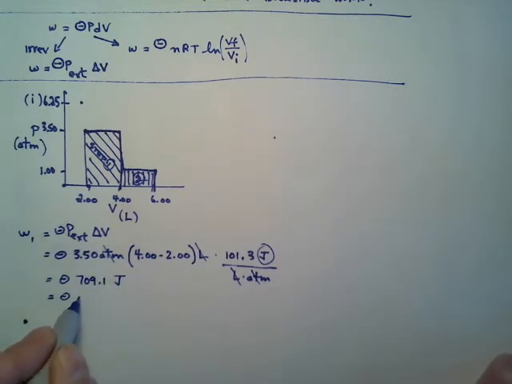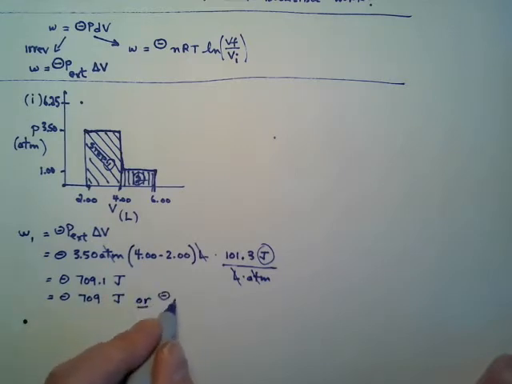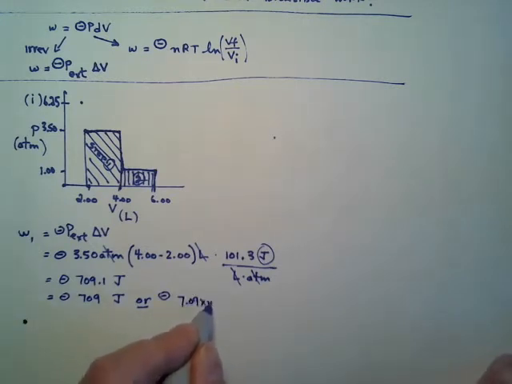I should have 3 significant figures. I can also choose to write it 7.09 times 10 to the power of 2 joules, which clearly shows 3 significant figures. That's the work of step 1.